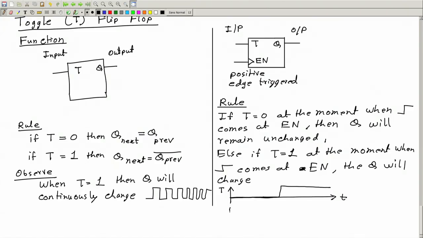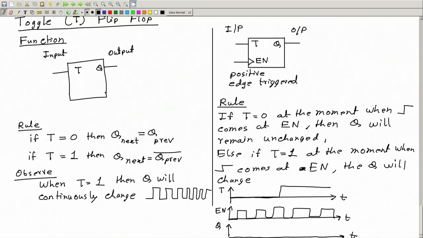So this is T. And if I have this enable like this, say 0 1 0 1, this is how it is changing. Then how will the Q output be? Let's see that. So this is the Q. Now let's assume that Q is initially 0. You can also assume that Q is initially 1. Whatever you like, you assume.